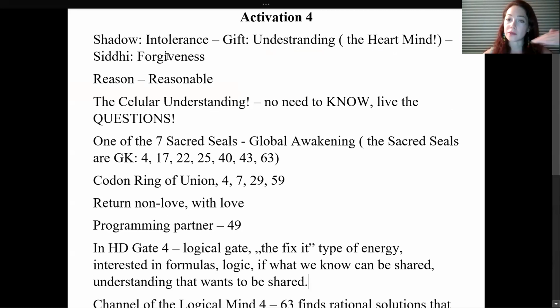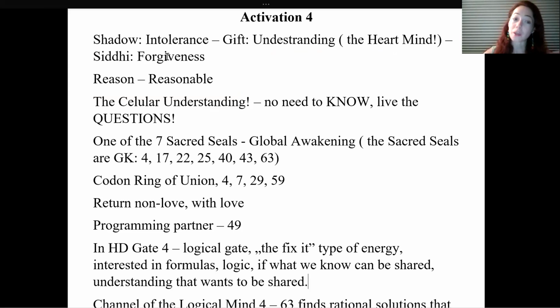So there are 3 different ways in which this key can manifest. It's like different energy types. Sometimes you might be in the shadow, sometimes you might be in the gift, sometimes in the siddhi. So we go through them and you might find yourself shifting between them.